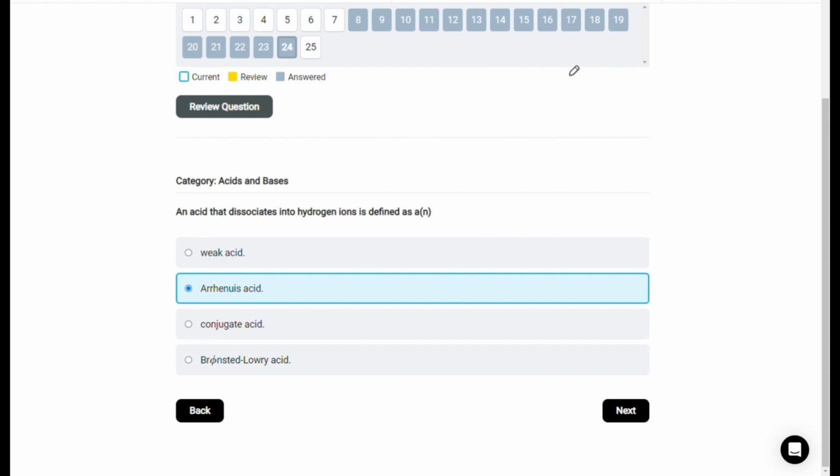Conjugate acid is what is formed when a base reacts with an acid to take on protons, and it basically turns into a weak acid. Getting down into the weeds, a Bronsted-Lowry acid is one that donates protons, not necessarily specifically hydrogen protons. Thus, if we're specifically looking at hydrogen ions, that would be the definition of an Arrhenius acid.